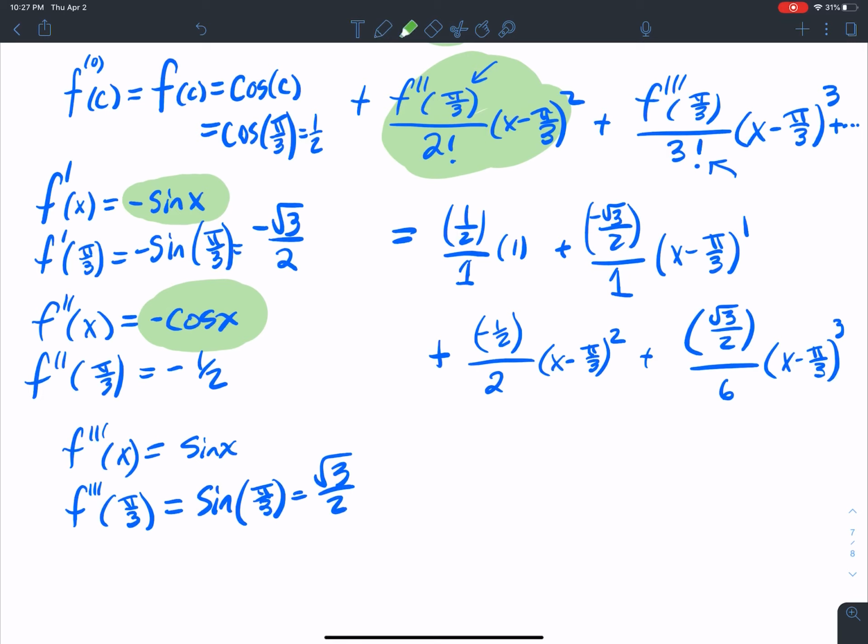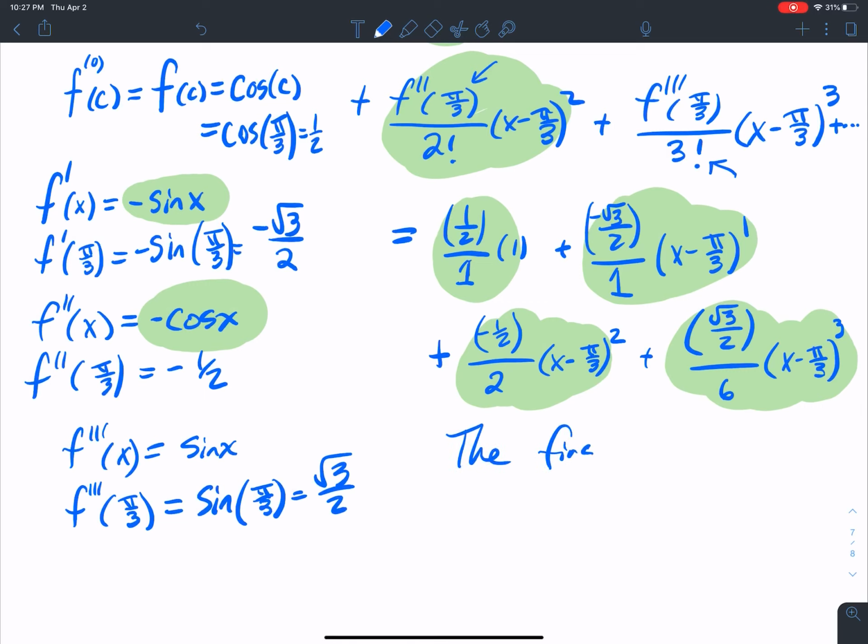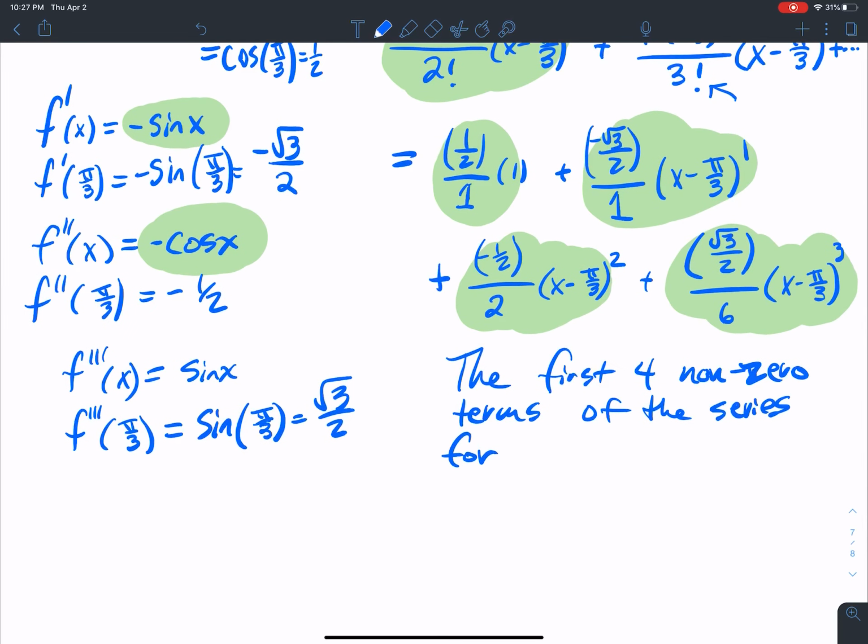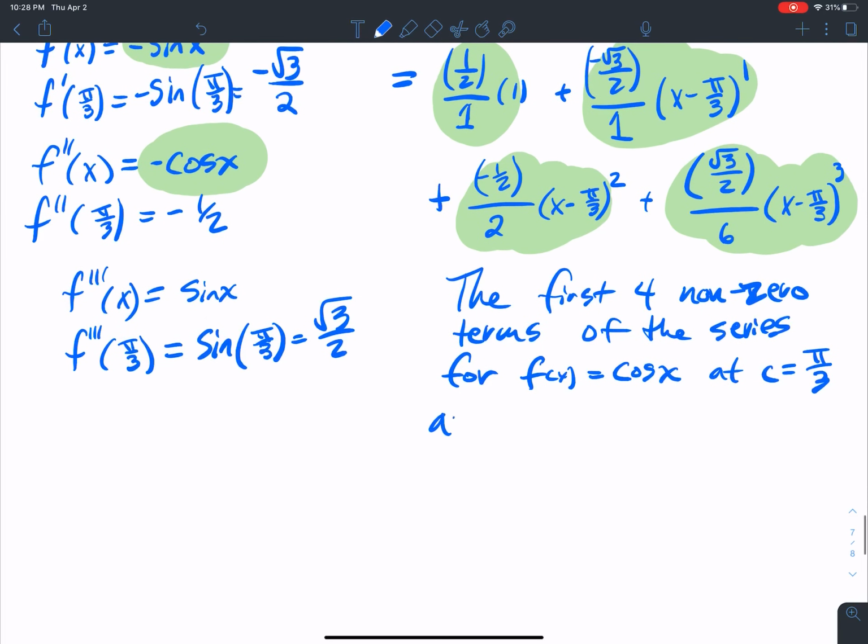What are those first 4 terms? Well, I can simplify this. Okay, and this is how you'll write your answer. The first 4 non-zero terms of the series for f of x equals cosine x centered at pi over 3 are what?